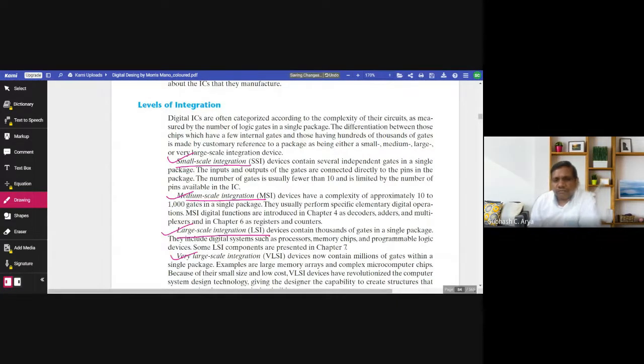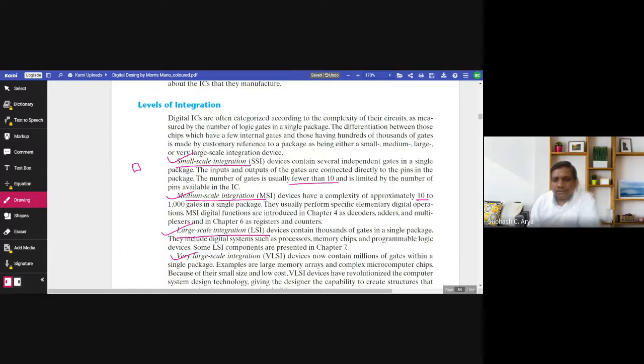It is classified based on the number of devices or logic gates available. If fewer than 10 gates are available in a single IC, it is called a small scale integrated circuit.